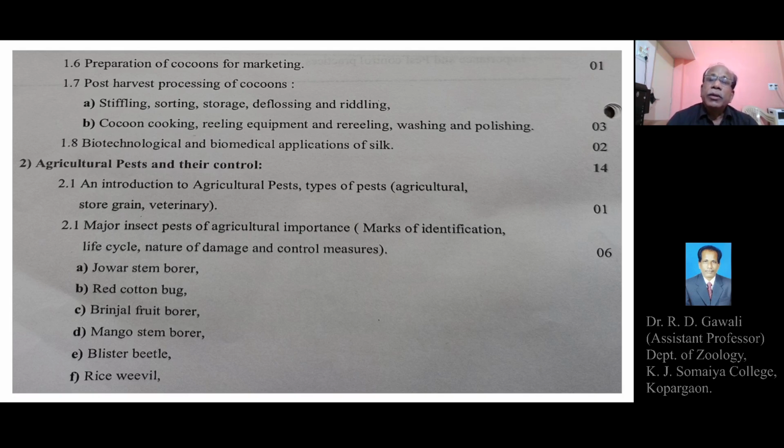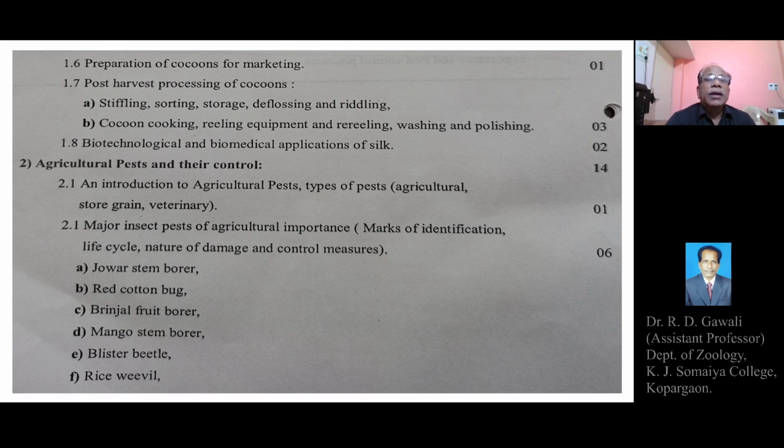So due to boiling or cooking, the gelatinous protein present around the silk thread is dissolved, and the silk threads get separated from one another, and that's why it is an essential step for the separation or unwinding of the silk thread during reeling. So this becomes easy for reeling due to the cocoon cooking.